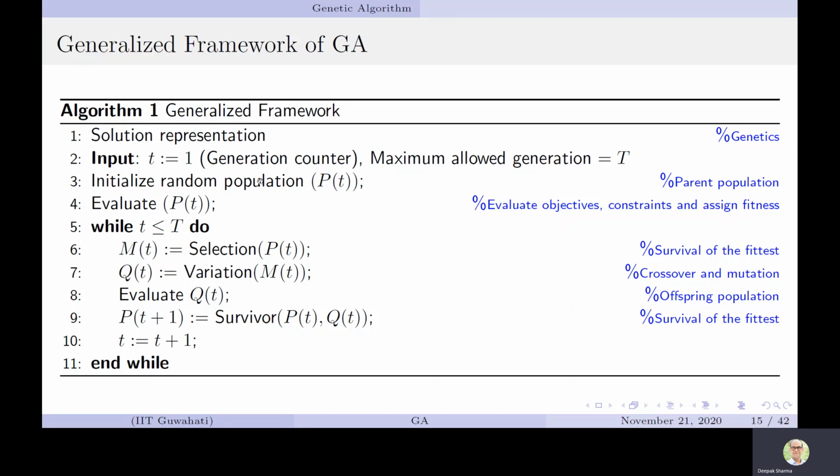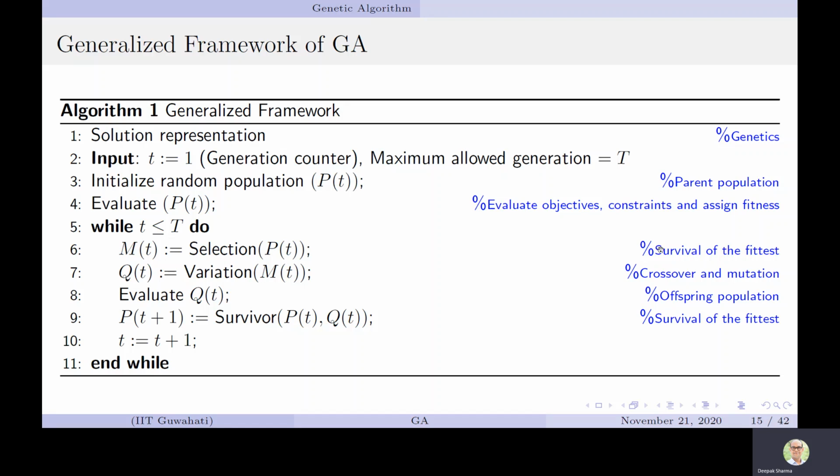There we initialize the population, meaning inside the parent population, we are randomly generating the value of x1 and x2 for each solution. Once it is done, we are going to evaluate, meaning we calculate the objective function, constraint, and then assign fitness.